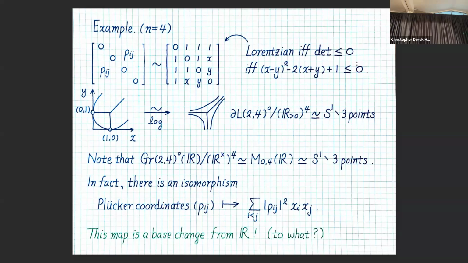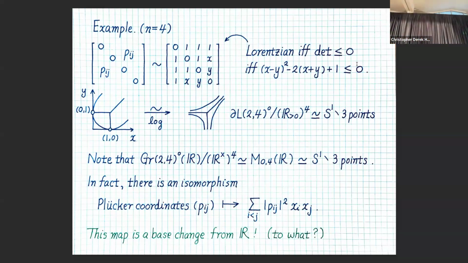First, I'm claiming that if you look at the matrix Pij squared, it will have one positive eigenvalue if Pij satisfies Plücker relations over the real numbers. And not just that, it will also have 0 eigenvalue, because I'm claiming that the image lands on the boundary of the Lorentzian matrices. These are not hard assertions, but you have to think a little bit.